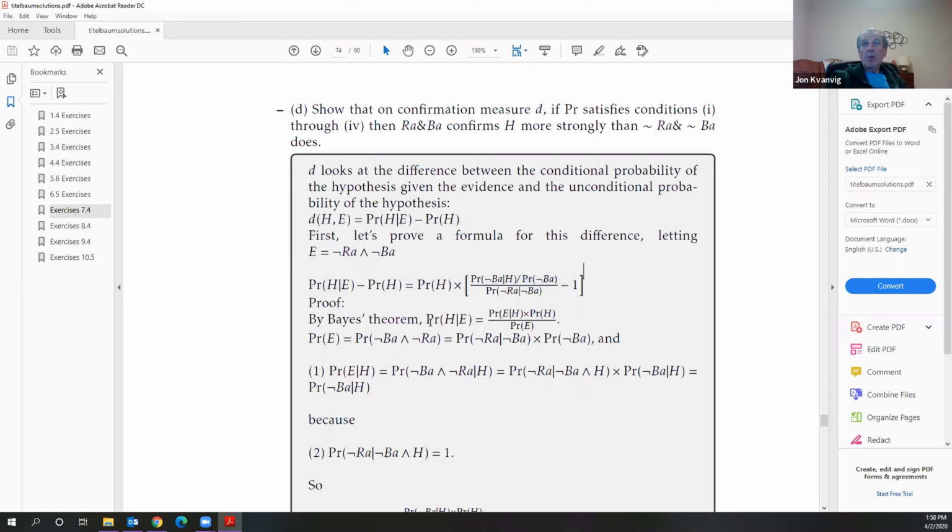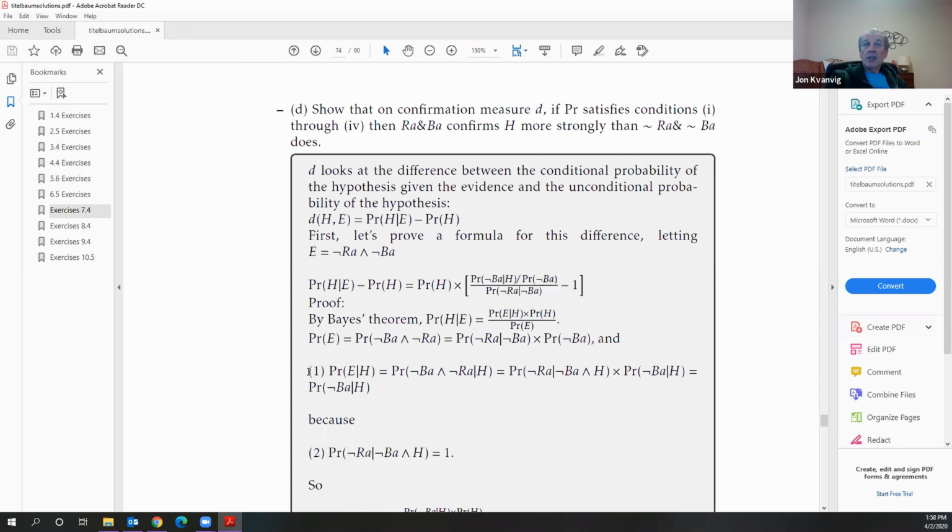By Bayes' theorem, the probability of H given E, where E is the probability of a non-black non-raven, that's what we stipulated, which is the probability of non-raven given non-black times the probability of non-black.